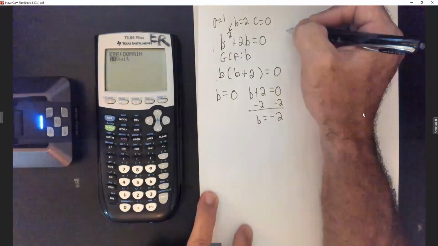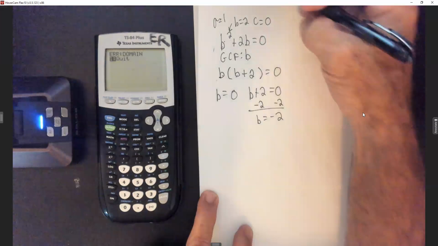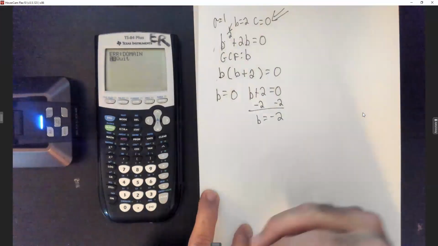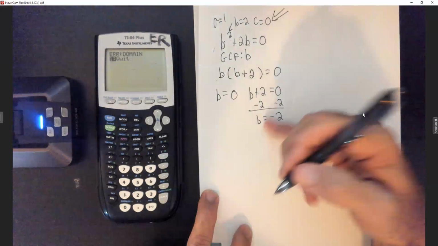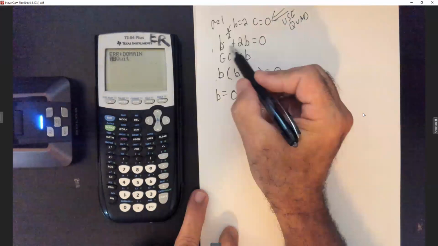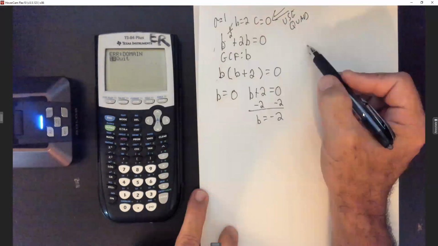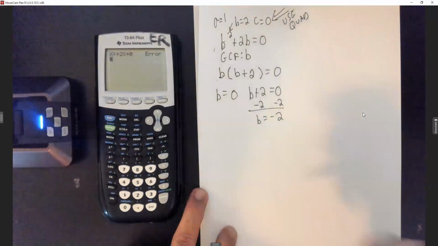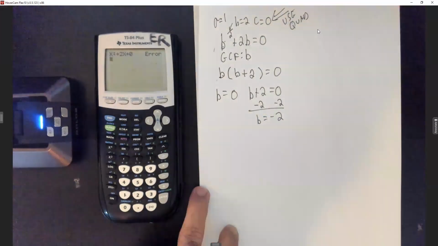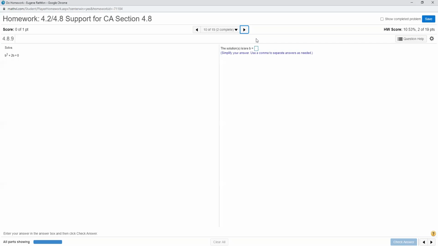So that's why it's not letting me factor it, but I can always use the quad formula to get these answers. So here I'll just use the quad. Since it wasn't a true trinomial, you're not able to do it on the calculator as far as the factoring goes. All right, so that would have been a 0 and a negative 2, so I would have gone to my next problem.